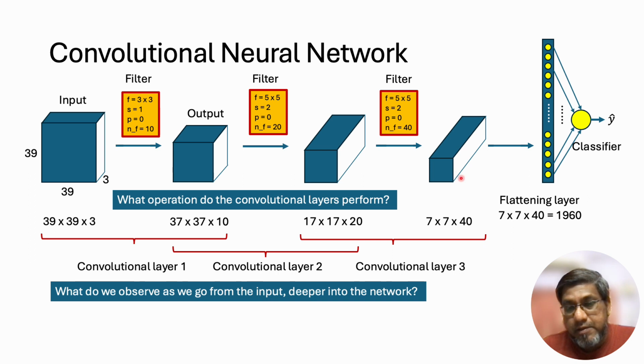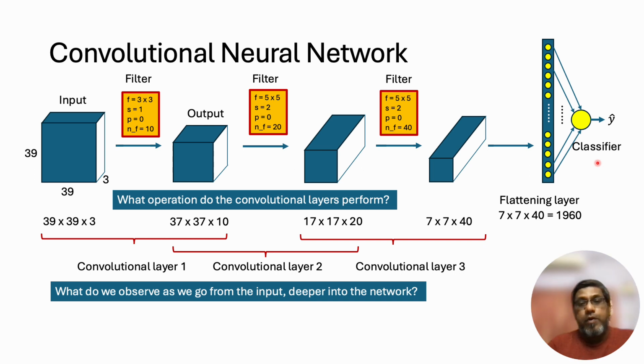So this is a 7 by 7 image with a depth of 40 channels, so there are 40 layers of 7 by 7, so a total of 1960 pixels, and these are all arranged as a single vector by what is called a flattening layer, and this vector becomes the feature vector, which is used by the classifier, or it could be a predictor to predict something about the image or to classify the image or some object within that image.